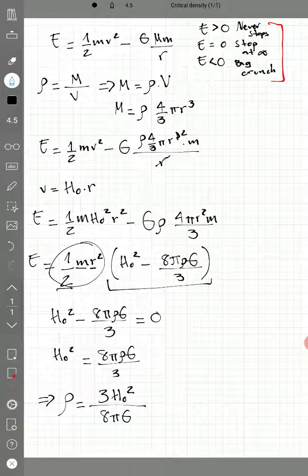Now, h0 is a known value, pi, g, 8, and 3, they're all numbers. And when you solve this, you're going to get a value of around 10 to the negative 26 kilograms per meter cubed, right? And that is what we call the critical density of the universe.